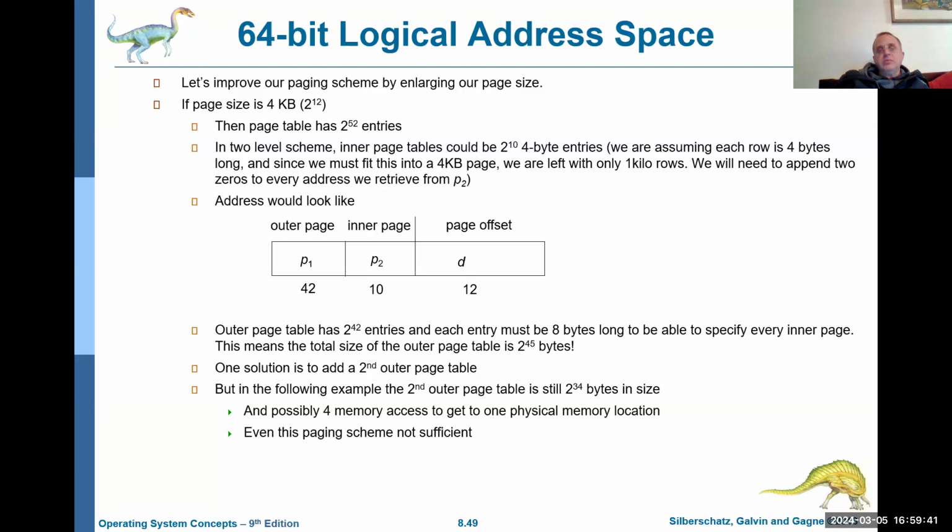You see why it should be 8 bytes long? Getting a little bit confusing. It's the hard example because it's so big, but it should be 8 bytes long because I have 52 bits to reference every possible page. Well, 52 bits doesn't fit into 4 bytes. 4 bytes is 8 and 8 is 16, 16 and 16 is 32. The most I can get is 32.